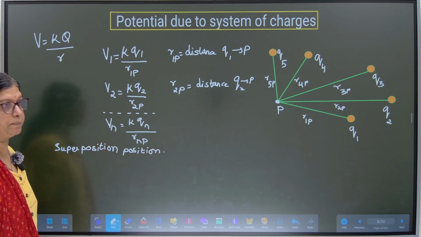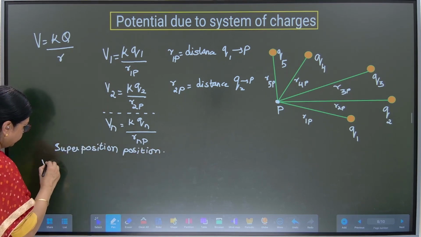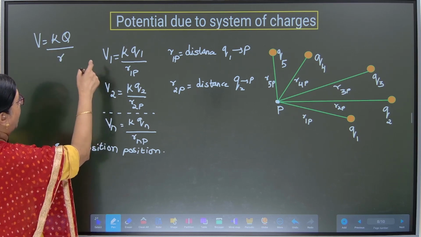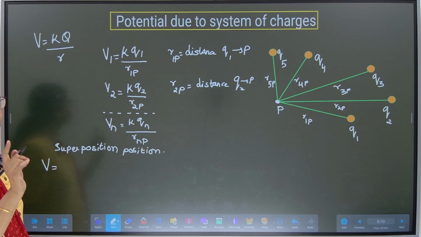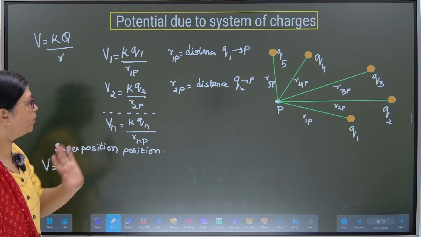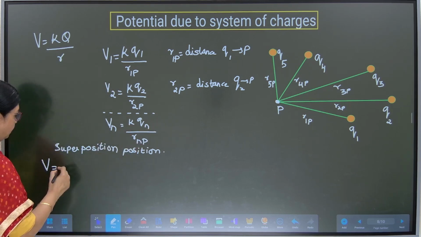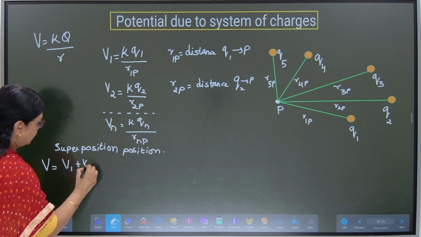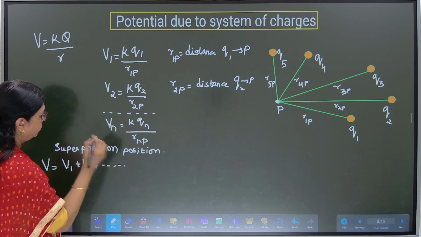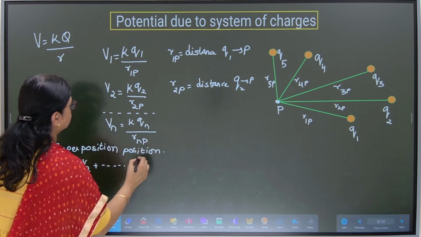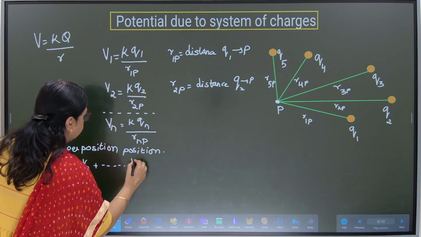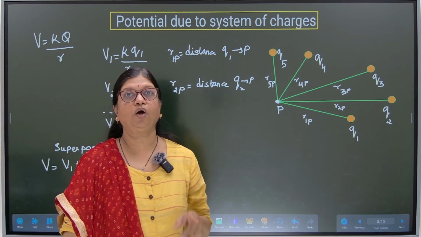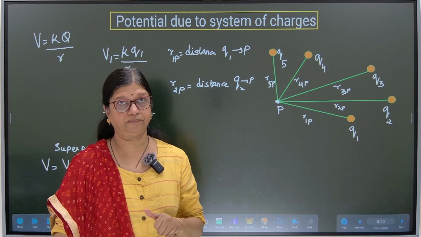What is this principle? For finding out the total potential V at the point P, I have to add the individual potentials due to individual charges at the point P and add them algebraically.